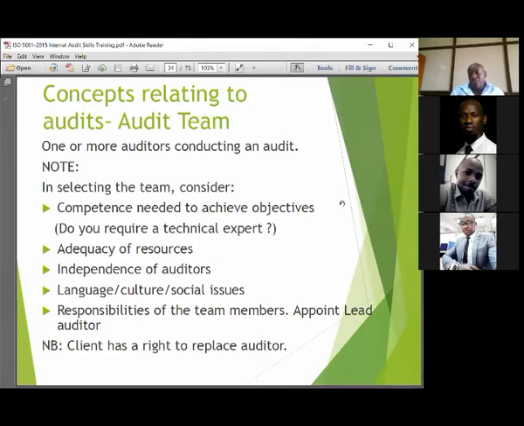Or in an organization, you can find that maybe the husband and the wife are working in the same organization. If you send the husband to audit the wife, it's okay, it can be done, but at times it doesn't look so nice, or they can go and start discussing other issues and not about the audit.